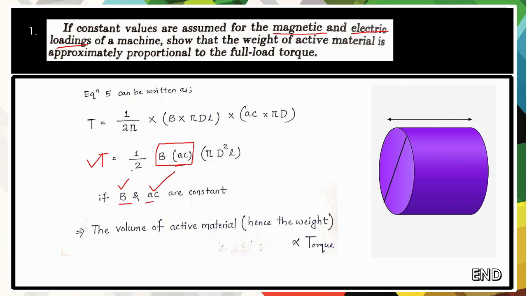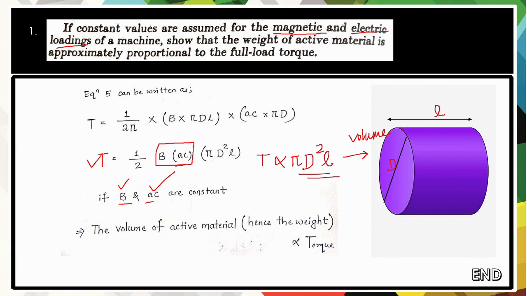T equal to half P AC pi d square L. These two terms are constant, then you can say T is proportional to pi d square L. Pi d square L is nothing but this. If this is D and this is L, pi d square L will give you the volume of the cylinder.